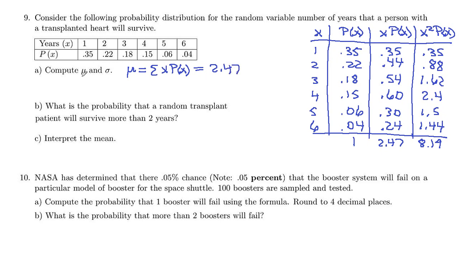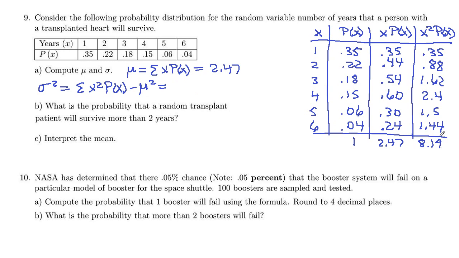And then standard deviation, well, variance here is the sum of the x squared p of x column, and then you subtract the mean squared, so minus mu squared.